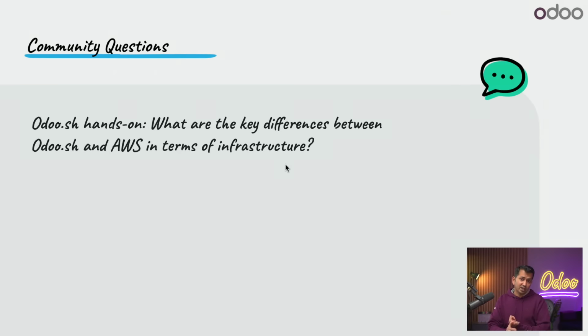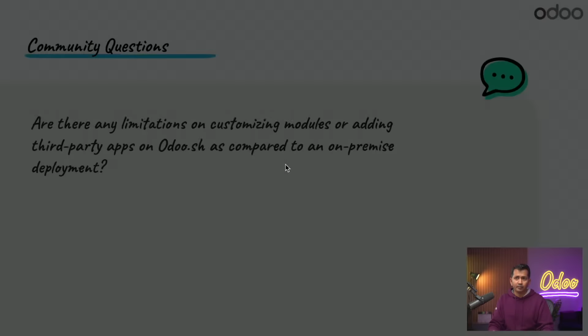Odoo takes care of the disaster recovery, backups, monitoring, hosting, fine-tuning your infrastructure, CI/CD, staging, development branch, runbot, all of this is taken care of by Odoo. When you are self-hosting this on AWS, all of that is your responsibility. So that's the major difference: you need to have the skill set and the right resources to be able to do that. As long as you have the skill set and resources, you're good.